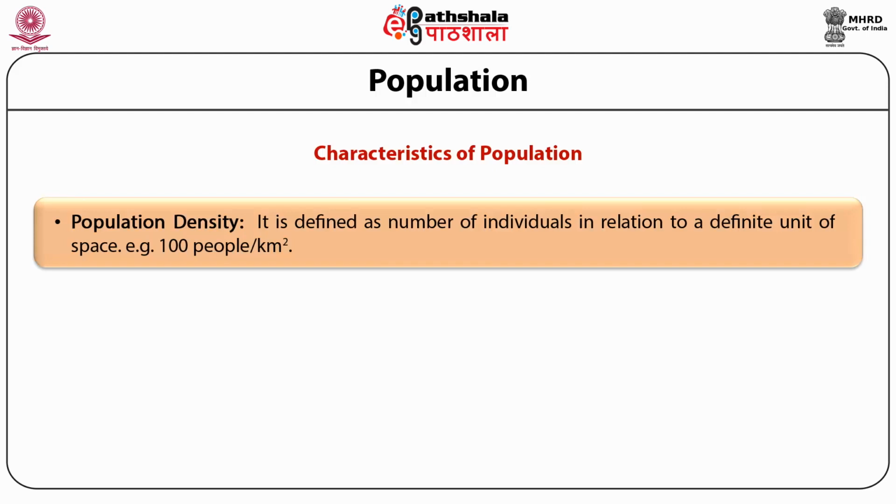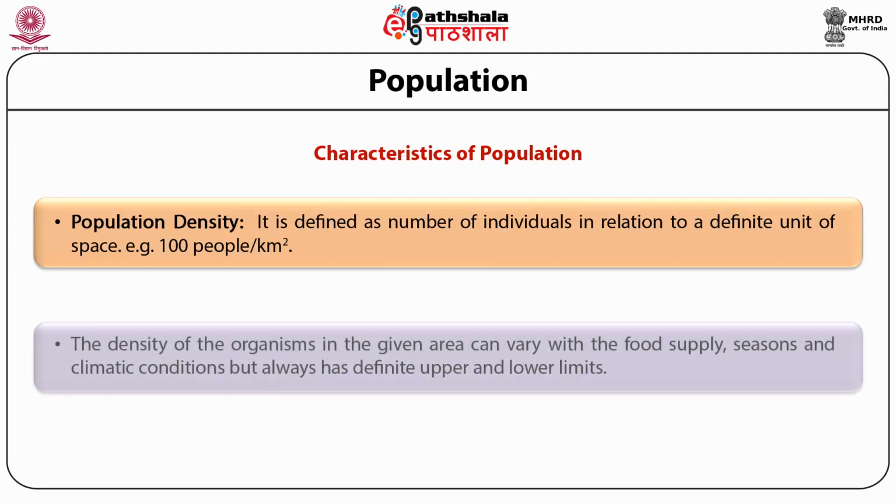For example, 100 people living per square kilometer or 4000 crustaceans per unit meter cube of water. The density of the organisms in the given area can vary with the food supply, season, and climatic conditions, but always has definite upper and lower limits.